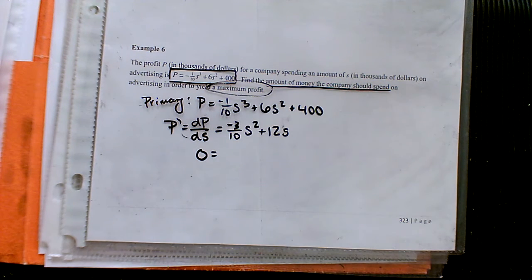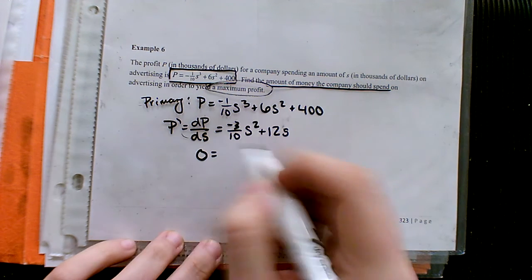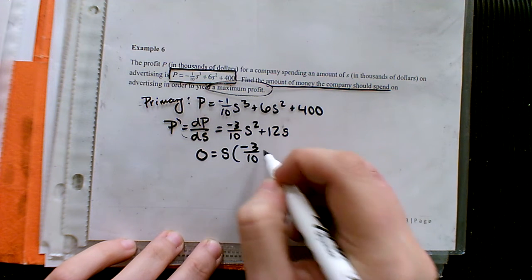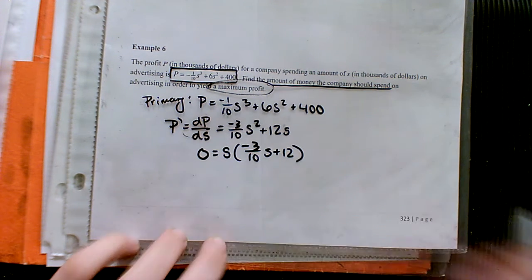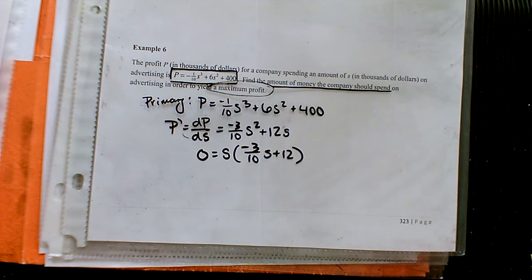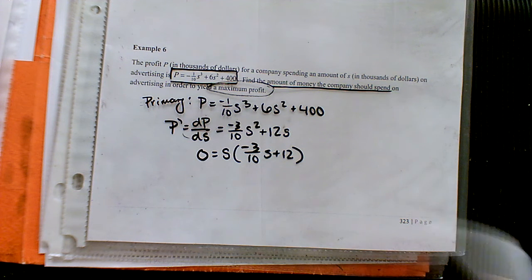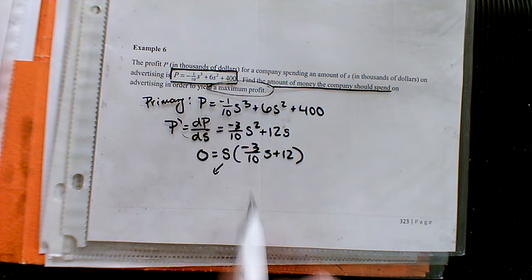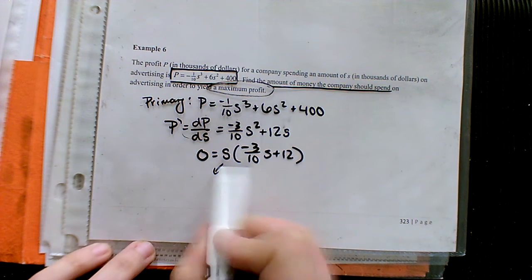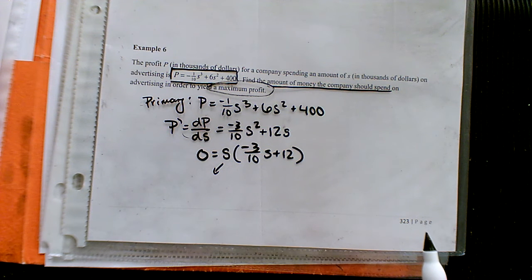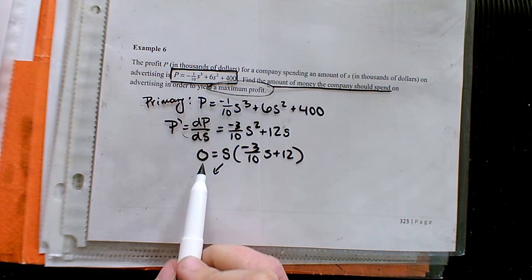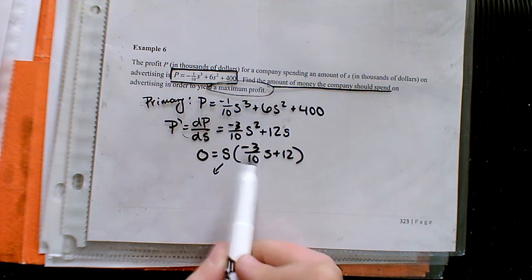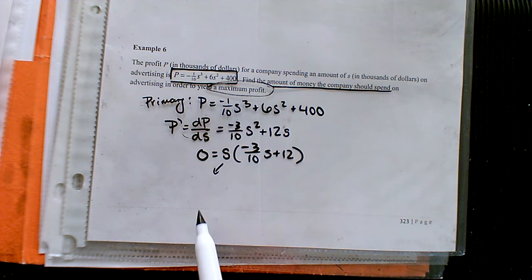How do you want to solve for s? Factor, so we can take out an s. Negative 3 over 10 s plus 12. Zero product property? Yeah. So if you're multiplying, aka a product, and your answer is 0, you know that of these two things you're multiplying together, at least one of them should be 0.